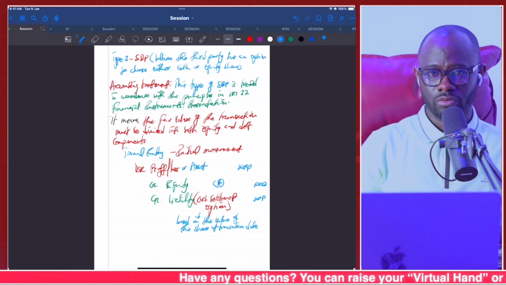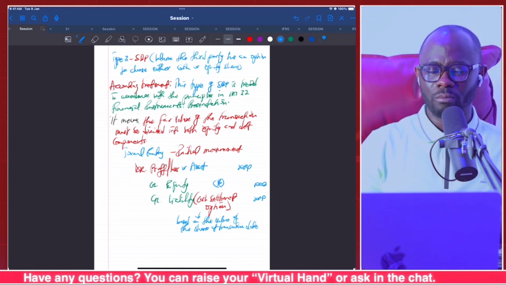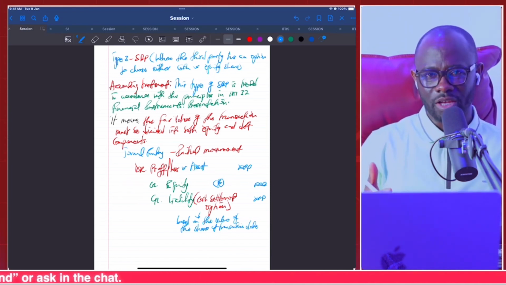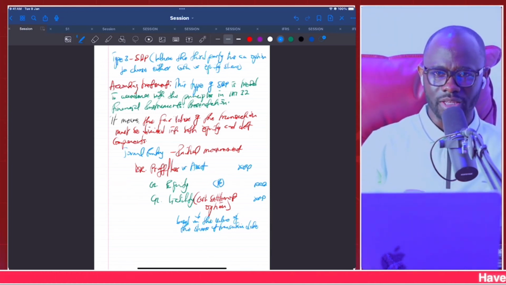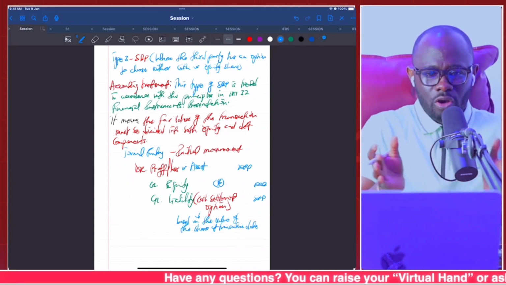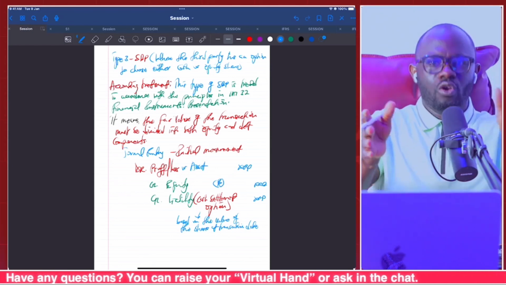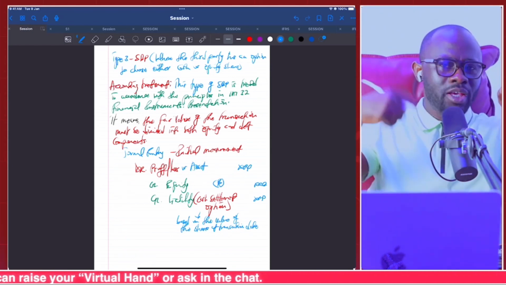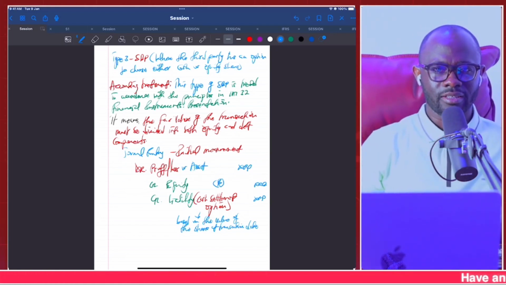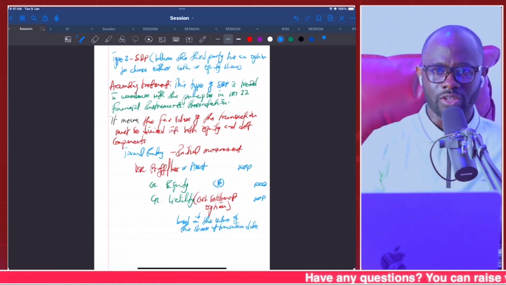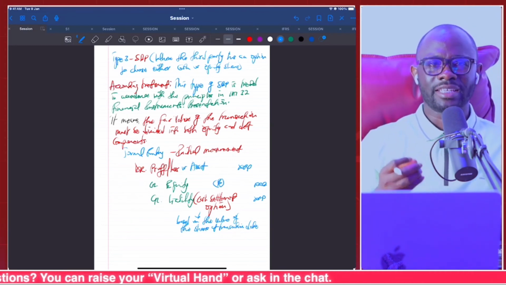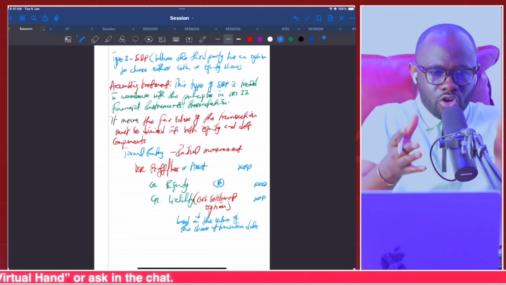No. The whole money we owe you will be settled either in cash at some time in the future based on the value of the shares of the company, or you get equity, ordinary shares. So it's not part. It's two options. You either go for cash based on the value of the shares of the company, or you go for equity shares when it is due for you to make your decision. Does that make sense? So it is either or, not partly.